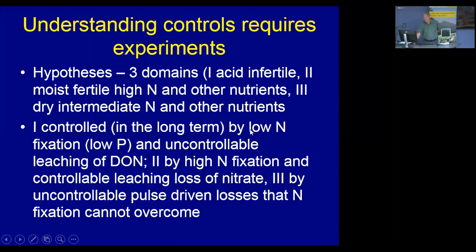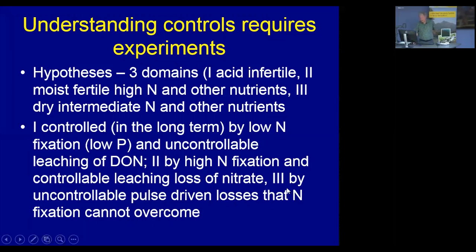But in the wet, infertile soils, we suspect that it's constrained in the long term by the fact that biological nitrogen fixation rates are low because phosphorus supply is really low. So legumes can't grow actively and can't blow away nitrogen limitation. Also, we think leaching losses of dissolved organic nitrogen in those high rainfall, organic-rich systems keep nitrogen from accumulating and reversing nitrogen limitation in the long term.